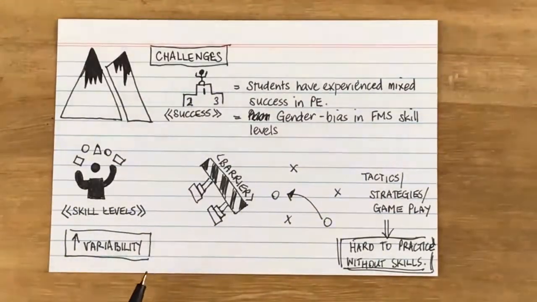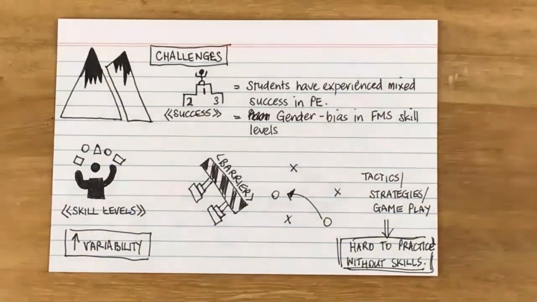There was a fairly high variability when it came to the skill levels. So within a class, you could have some very highly skilled performers and also some very low performing students. So being able to program for that is going to be important.